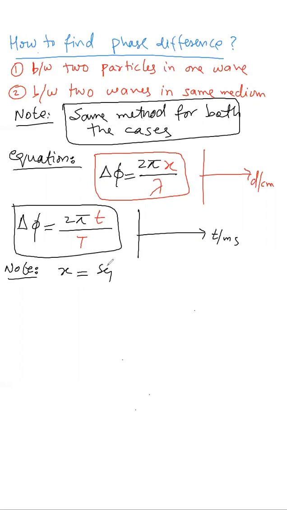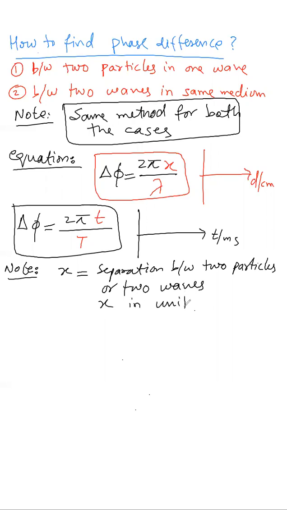X is actually separation between two particles or two waves between which you need to find the phase difference. X can be in unit of length, or x can be in fraction of wavelength, so it can be in fraction of lambda.